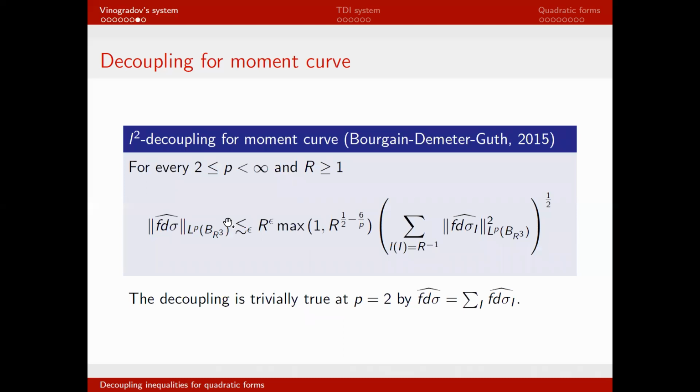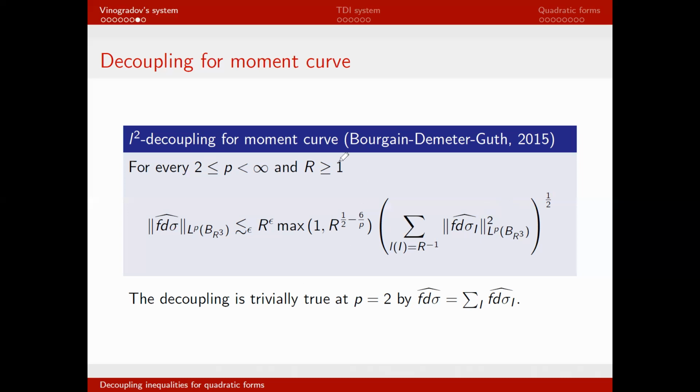This is the decoupling inequality for the moment curve proved by Dimitrov. On the left-hand side, we have the whole moment curve. On the right-hand side, the moment curve is decomposed into smaller arcs, and we use L2 to sum them up.